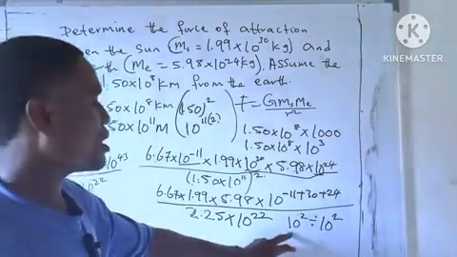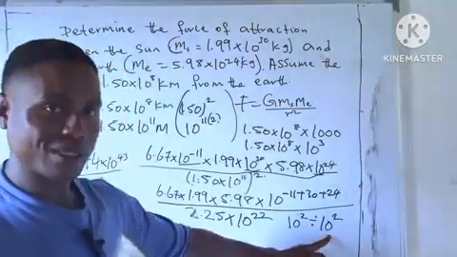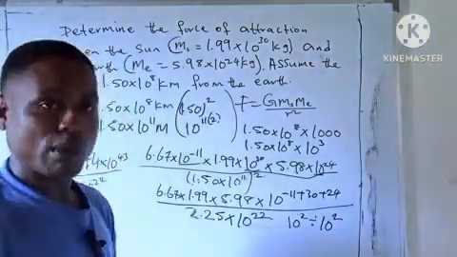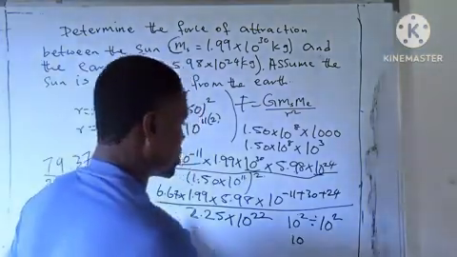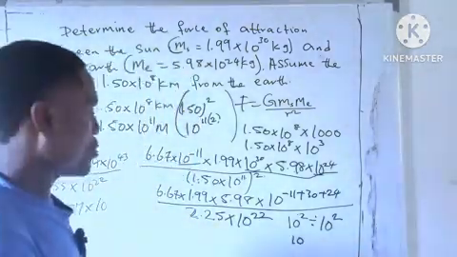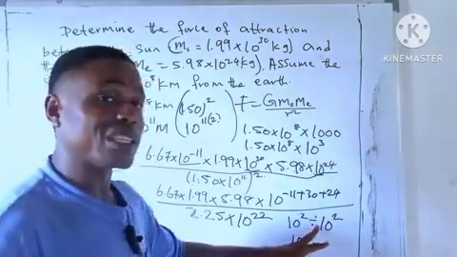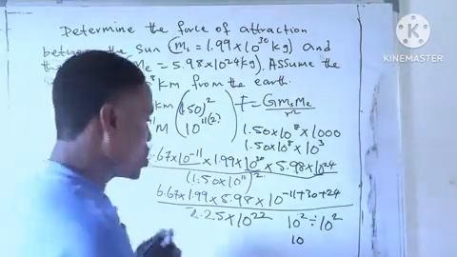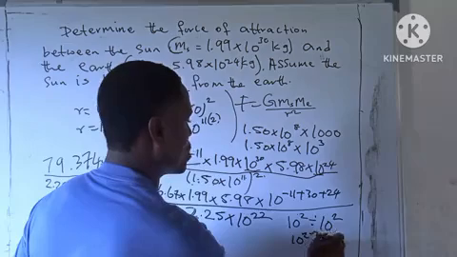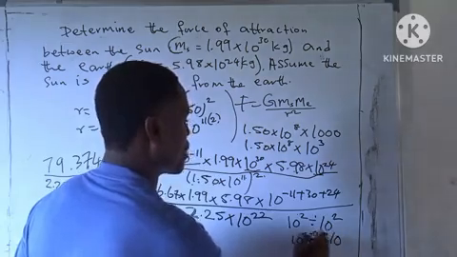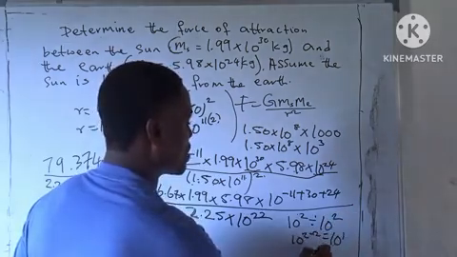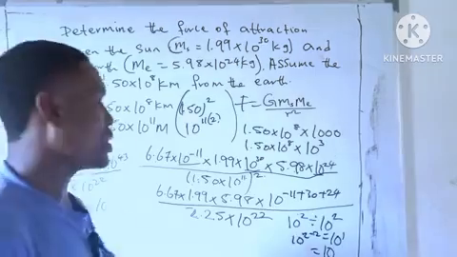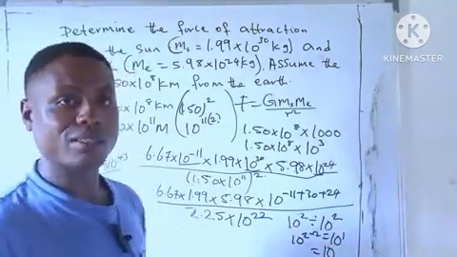It says that if the two base numbers are the same, 10 and 10, you will take only one 10. Then if the middle is division, you will minus the up numbers. So 2 minus 2 is 1, so 10 raised to power 1, which is the same thing as 10. Any number raised to power 1 is still that same number.